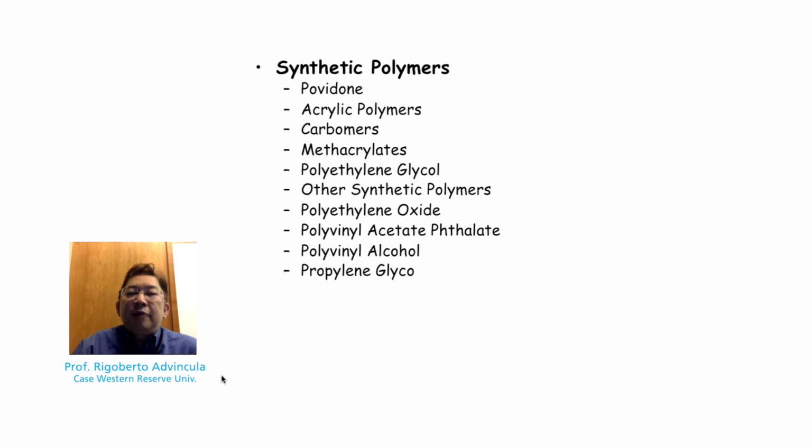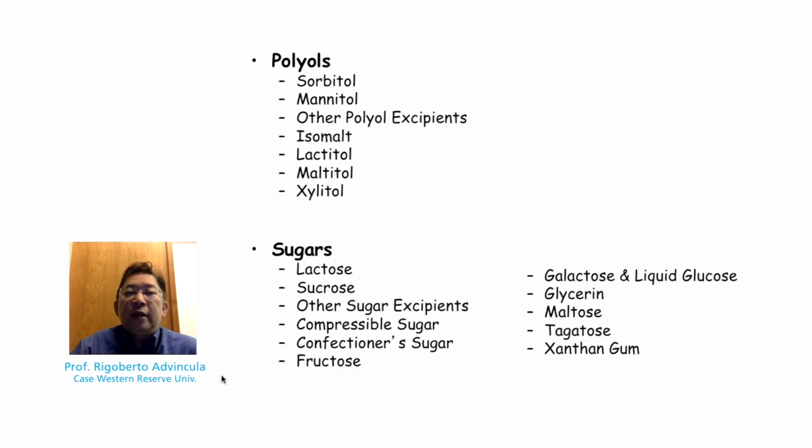Some of these have specific uses for improving quality control as well as interaction with the drug, viscosifying effect, and so on. And of course, the polyols and polysaccharides based on sorbitol, mannitol, and other sugars, lactose, sucrose, etc., small molecules that can be part of the composition.